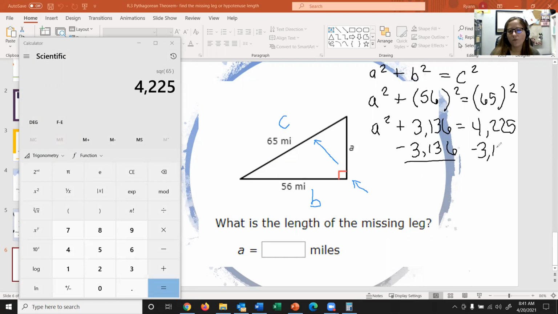This is going to cancel for us. And then we're going to say 4,225 minus 3,136, and that's going to give us an answer of a squared is equal to 1,089.